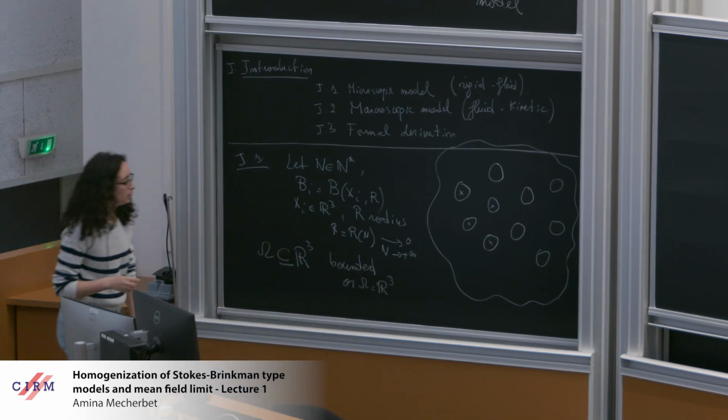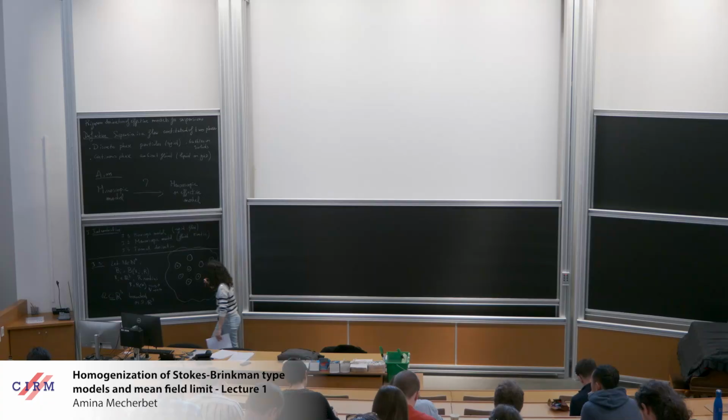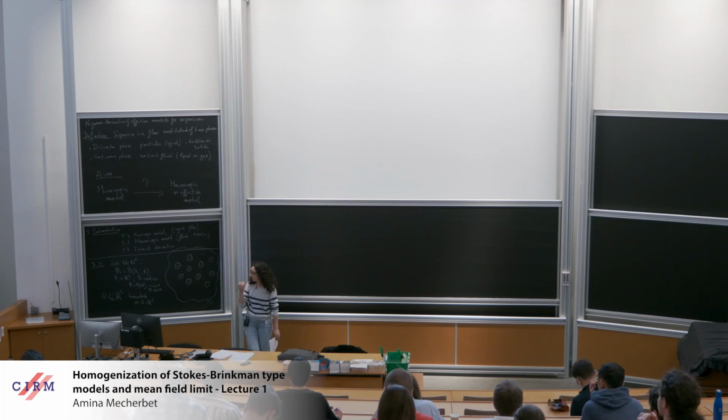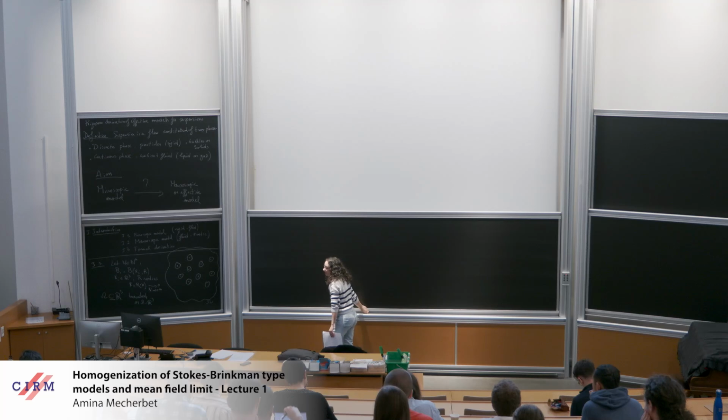And so we will write the equation for the ambient fluid, which occupies omega minus the union of the balls. This will be done by using a Navier-Stokes equation.